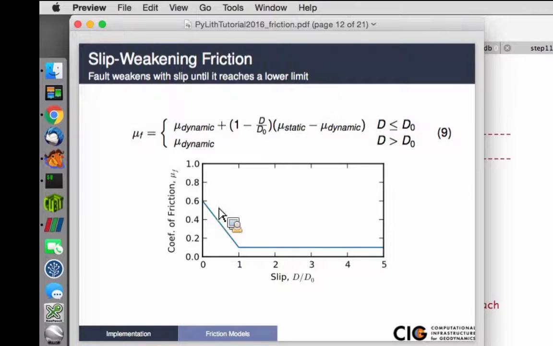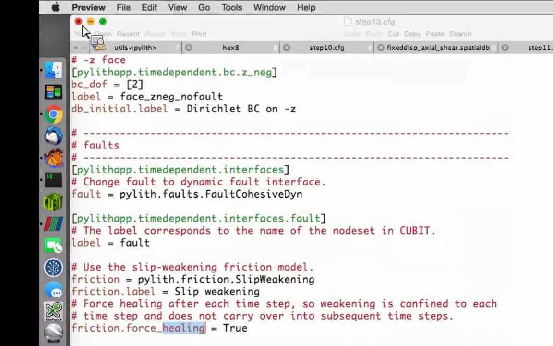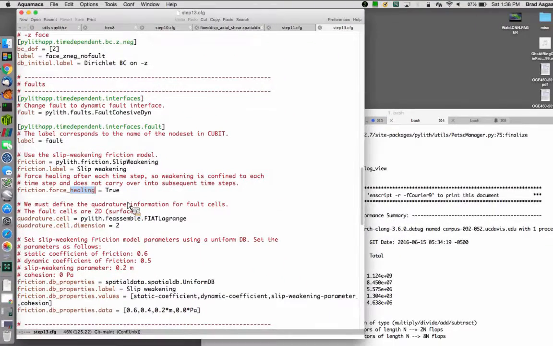So the fault builds up friction, it slides, it stops, then the force healing resets this cumulative slip distance back to 0, so it'll start reaccumulating slip from the static value, decreasing down to the dynamic value. So this is how you get stick-slip behavior in a quasi-static simulation.